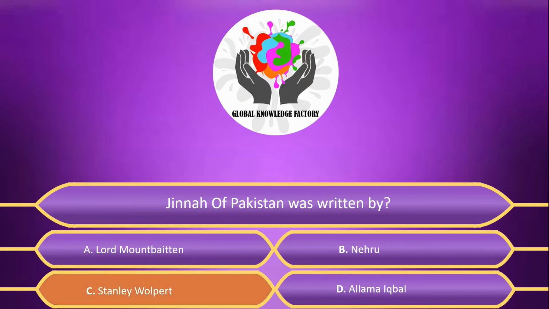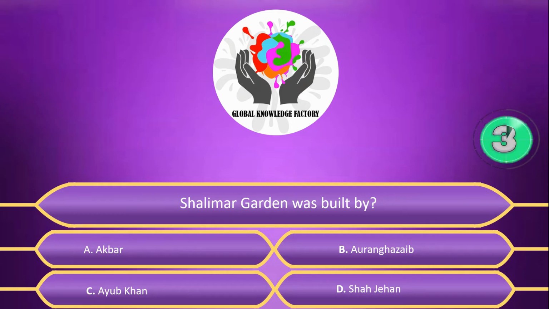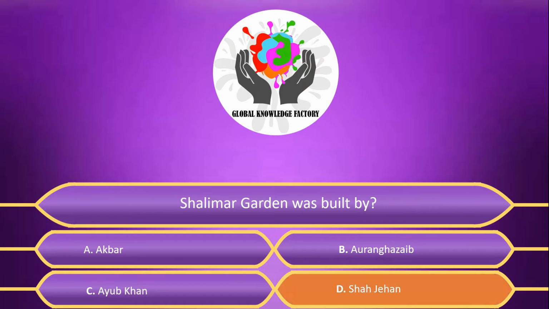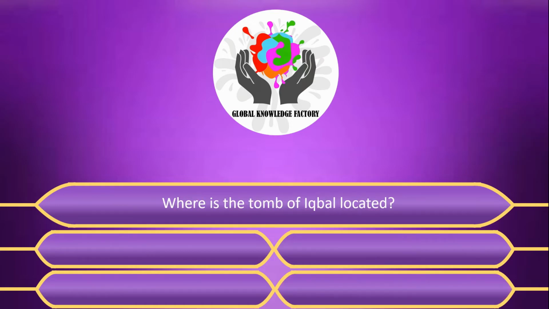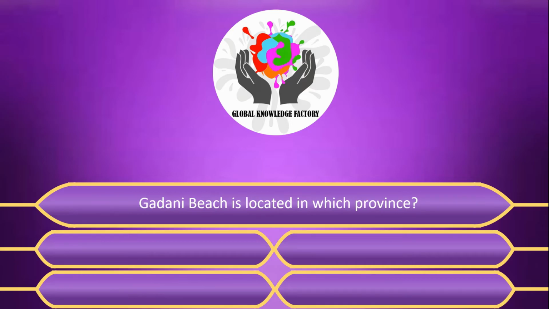Answer is Stanley Wolpert. Shalimar Garden was built by? Answer is Shah Jahan. Where is the tomb of Iqbal located? Answer is near Badshahi Masjid. Gadani beach is located in which province?